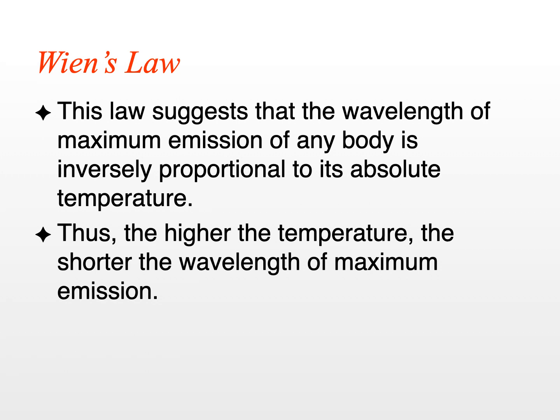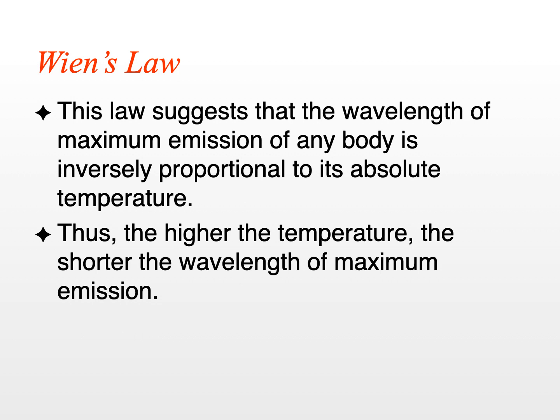As a result of this law, the higher the temperature, the shorter the wavelength of maximum emission. So an object emits a spectrum, and the center of that spectrum represents this Wien's law. It is the wavelength of maximum emission.